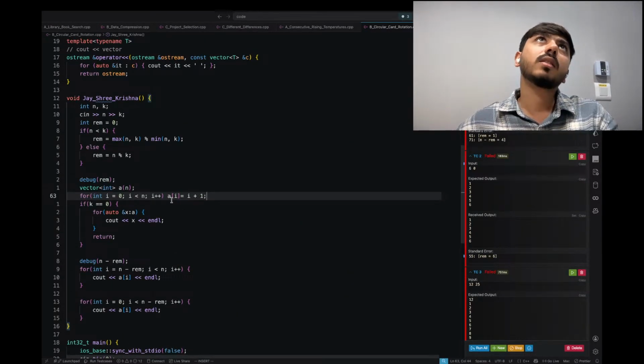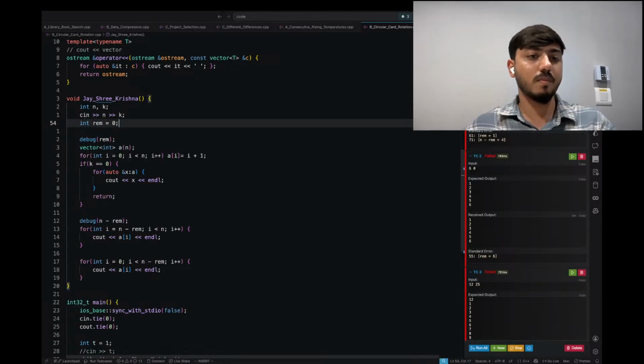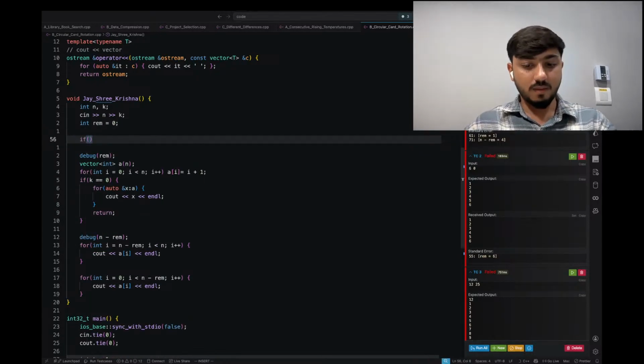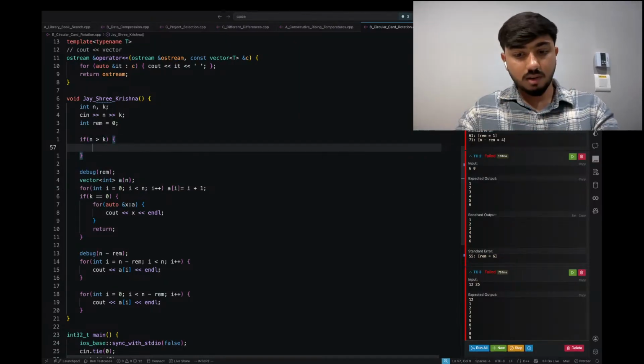If n is greater than k, then we simply need to count equal to n by k.